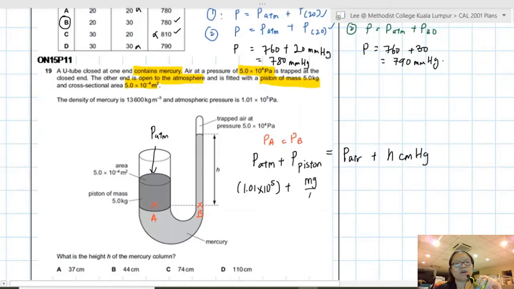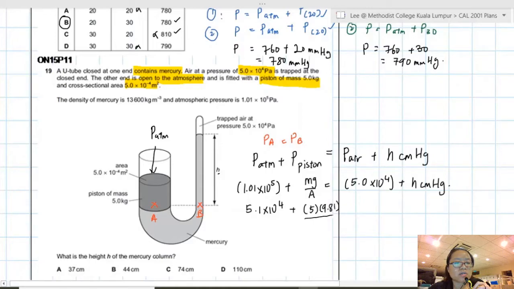You've got Pascal for atmosphere, and then the pressure due to the piston, you can use force per unit area, mg over A. Pressure of air is given, and then this pressure of your H cm mercury, you have to keep it there first. So basically, you're trying to find the pressure exerted by the mercury column. Okay, we can now substitute.